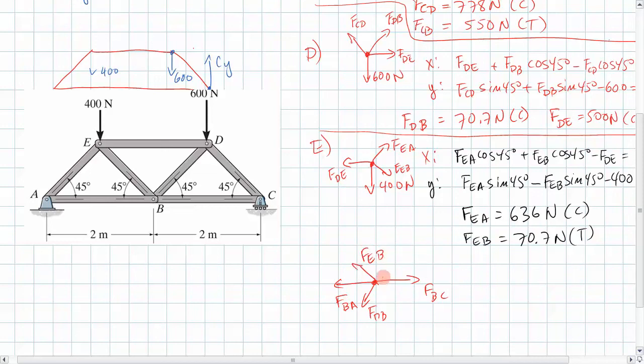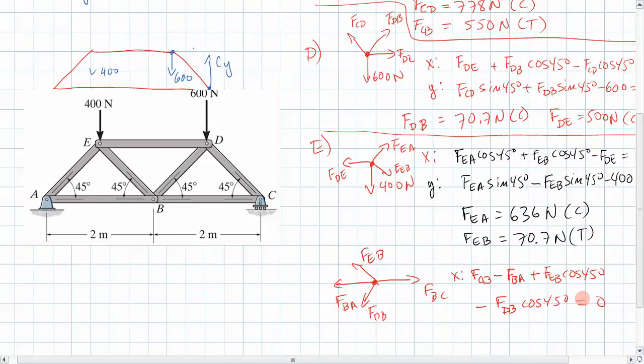Okay, so now I can write the equations, and I only need one of these, because I only need this member force. So for the x-axis I get FBC minus FBA plus FEB cosine of 45 degrees minus FDB cosine of 45 degrees, that is equal to 0.